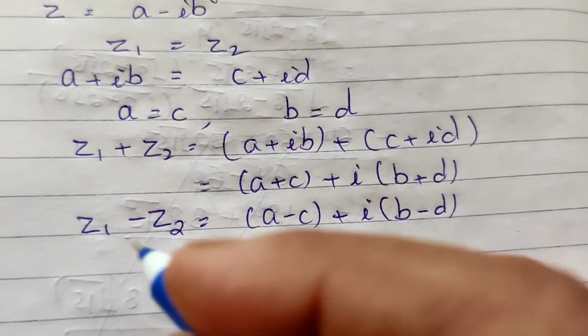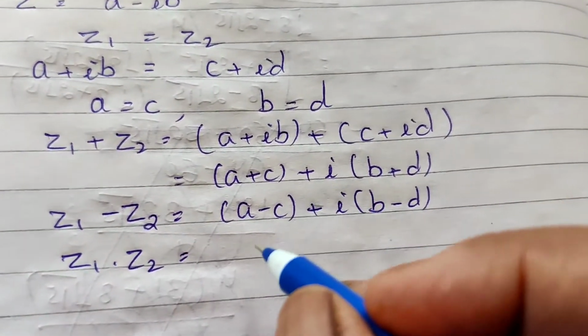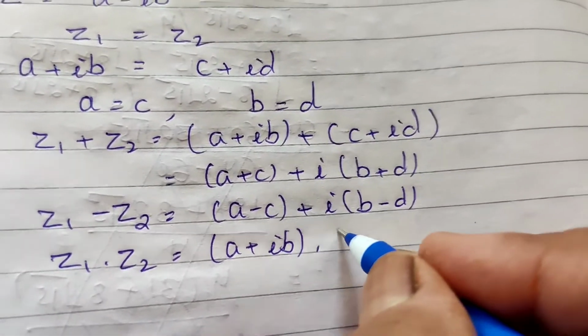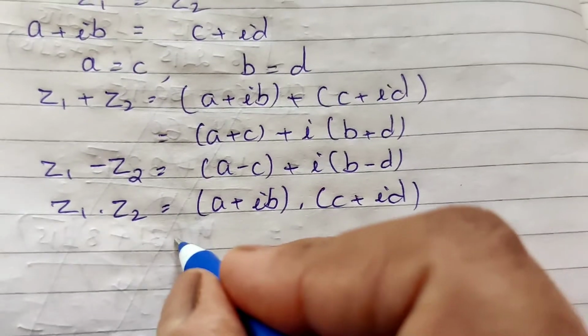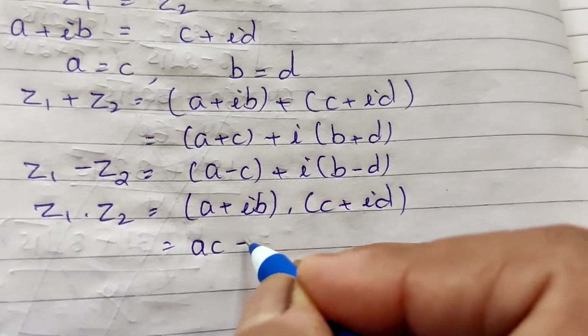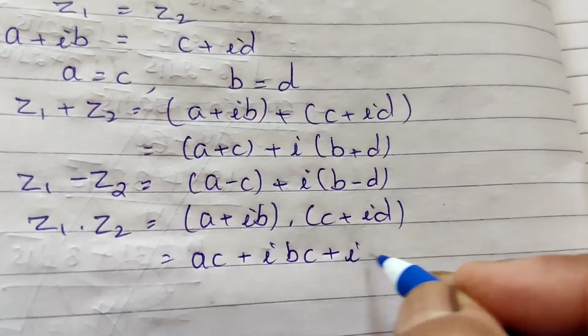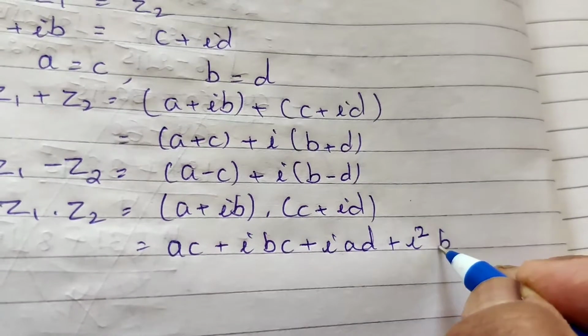Okay, product. If we want to multiply a plus ib into c plus id, the product of these two numbers, just multiply like binomials: i into bc, i into ad, and plus i square bd.